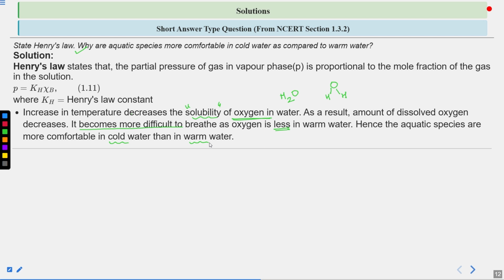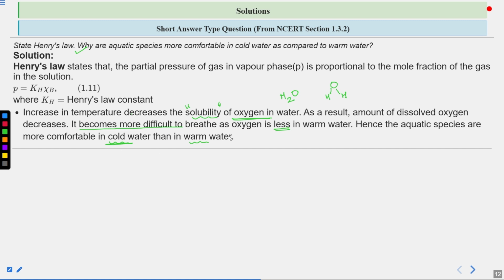That's why aquatic species are more comfortable in the cold water than in the warm water. Warm water contains less oxygen compared to cold water, and it is difficult for the aquatic species to breathe in the warm water.